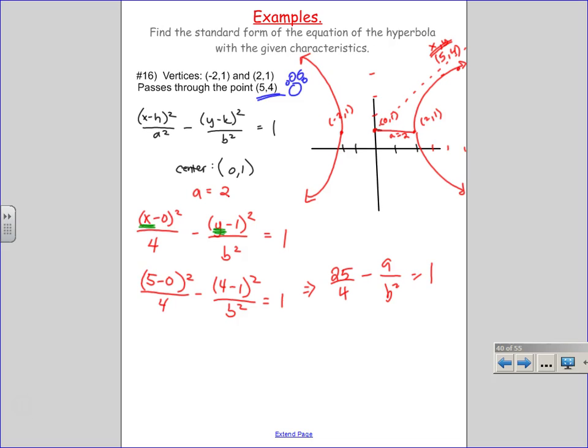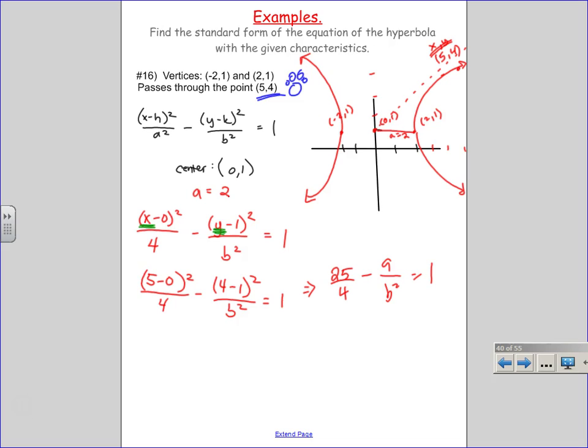So we have options. Do you guys subtract, get rid of the fractions, or get a common denominator? Subtract would be to take this guy to the other side.